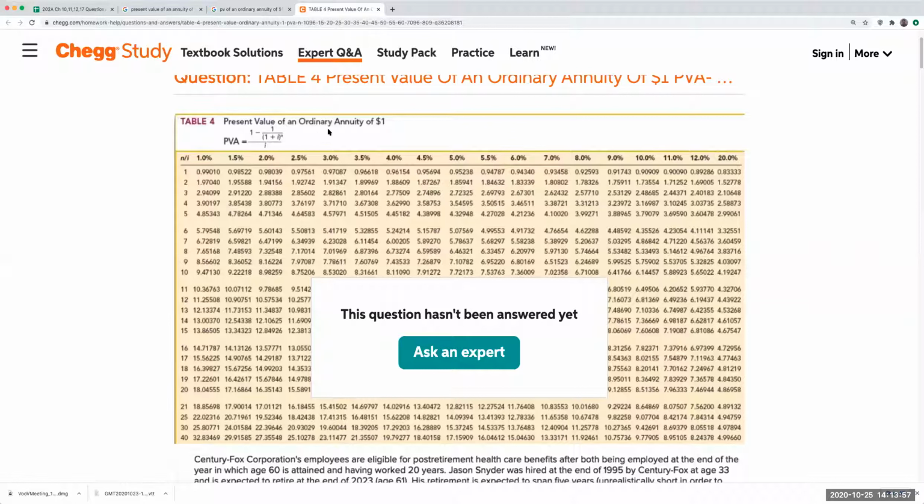So present value of an ordinary annuity of $1. Okay, so the number of periods is 5, and this is going to be at 10%. So right over here, this is going to be 5 periods at 10%, or 3.79079.